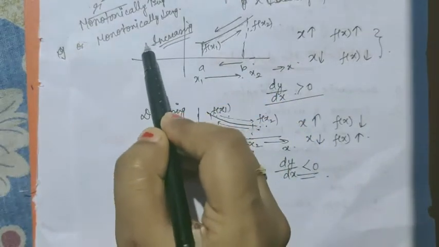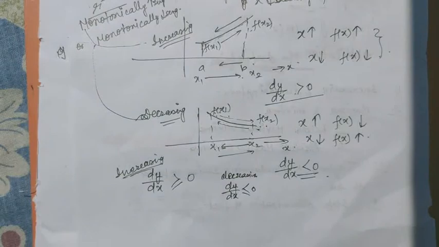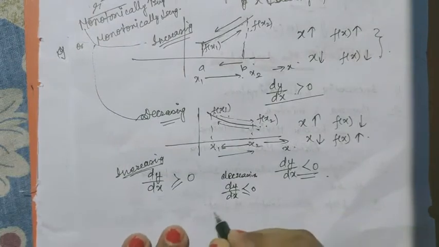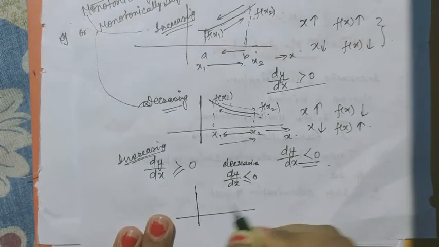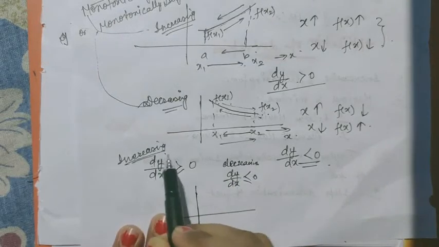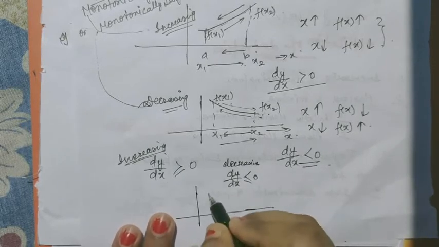These two are the cases of monotonically increasing and monotonically decreasing. Let me demonstrate it by a diagram. Let me take an example of decreasing.